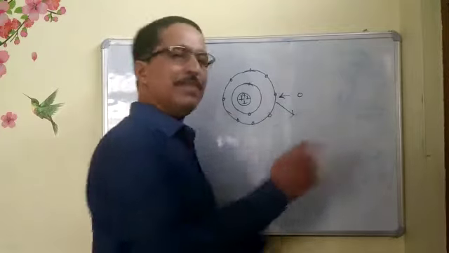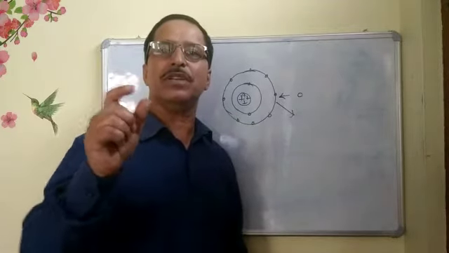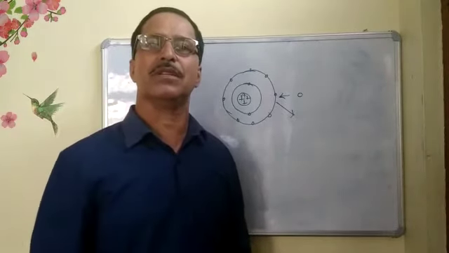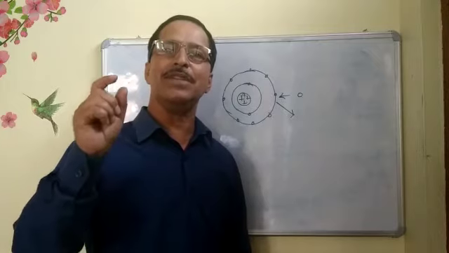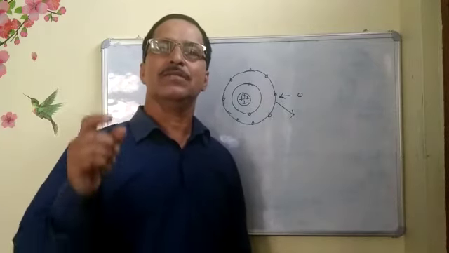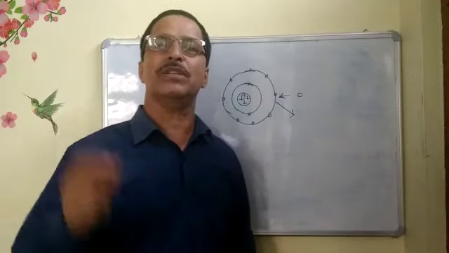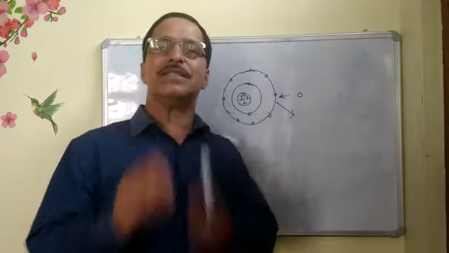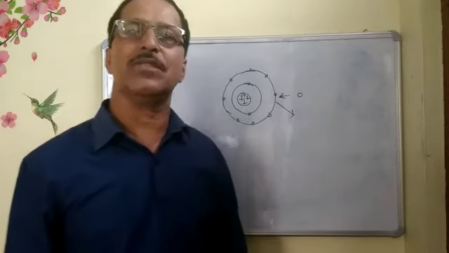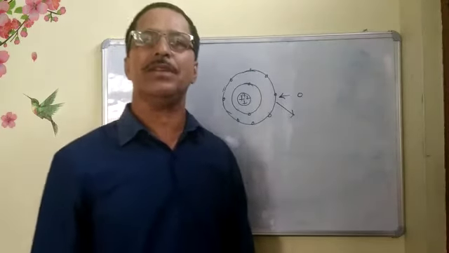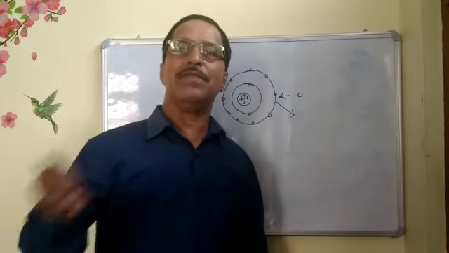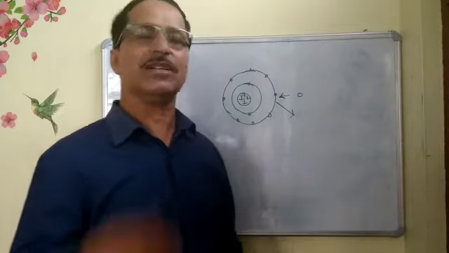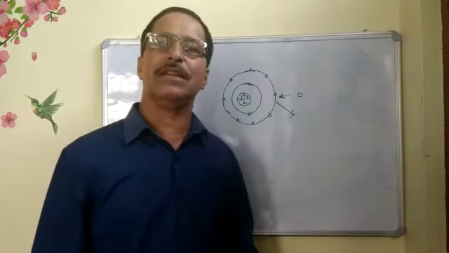There is a certain distance they have to travel between two successive collisions, and a definite time they take between two successive collisions. The average distance between two successive collisions of an electron is called mean free path, and the average time between two successive collisions of an electron is called mean relaxation time.